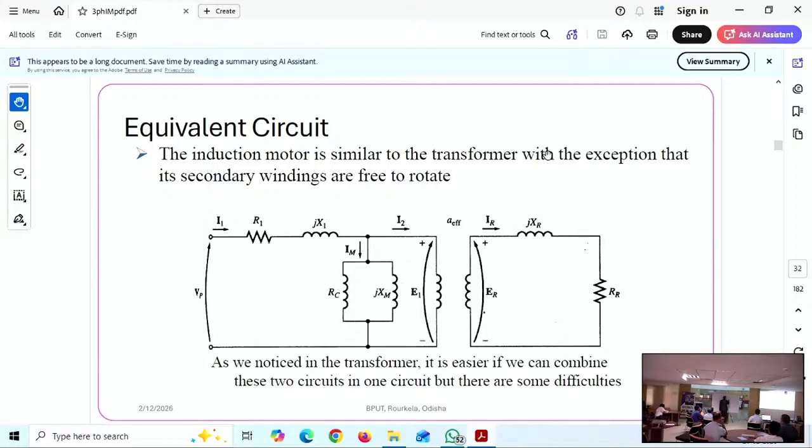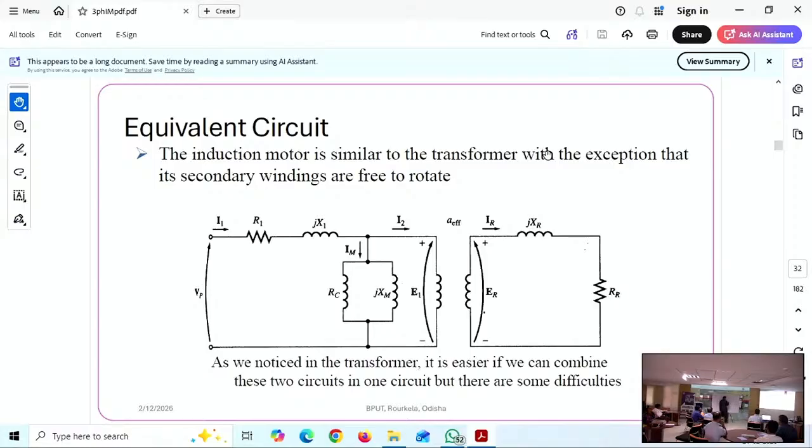Here we write the rotor induced EMF as E2 and the stator induced EMF as E1. The ratio is N2 by N1, and that is also nearly equal to the ratio of I1 by I2.